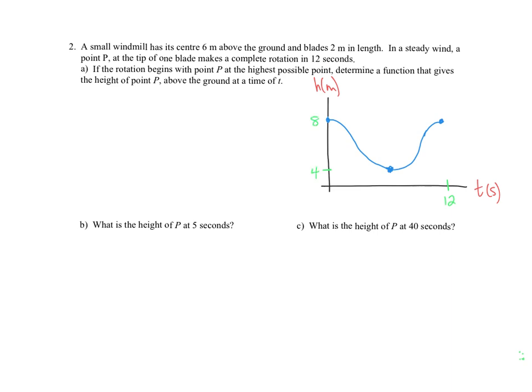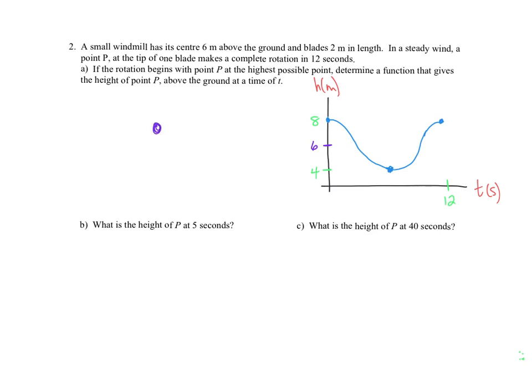Those should be some key values on my graph. It's not going to cross the x-axis. For some of you, you might want to include that the center height is at 6 meters. That is the middle of my windmill.